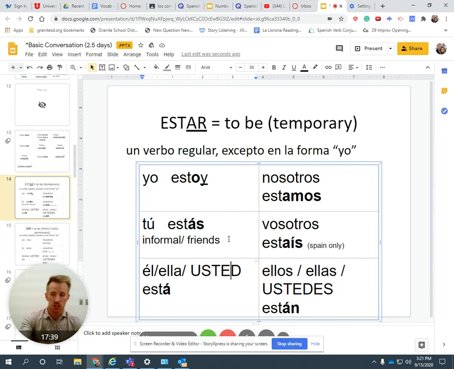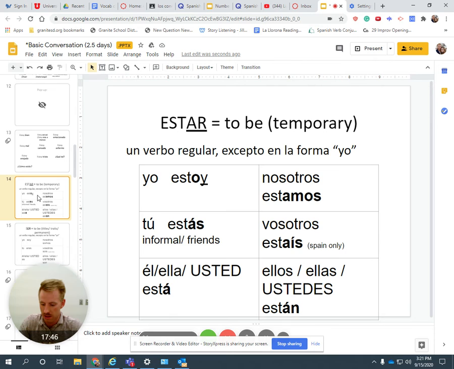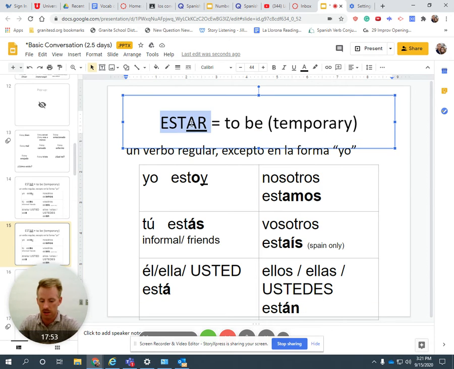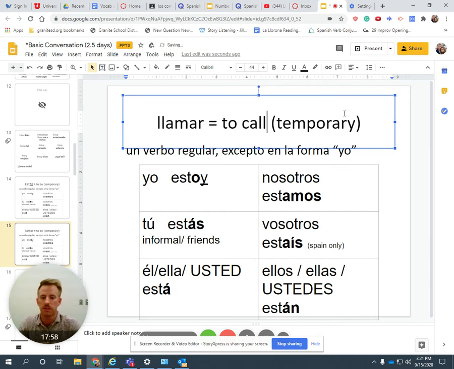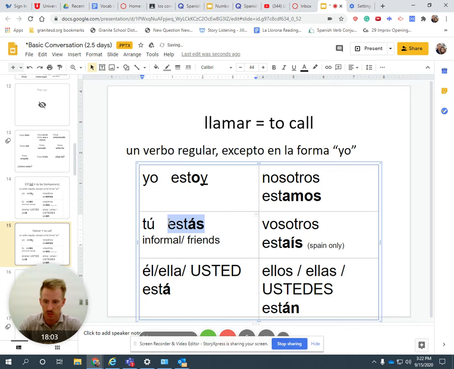So, this isn't just with estar. Like I was saying, ¿cómo te llamas? I'm just going to keep adding slides for you guys because this is different online than in person. I can use my whiteboard. So this can be with different verbs, like llamar, which is to call. So like, ¿cómo te llamas? The as stays the same. Llamas, it's a regular verb. Llamas, llamo, llama.